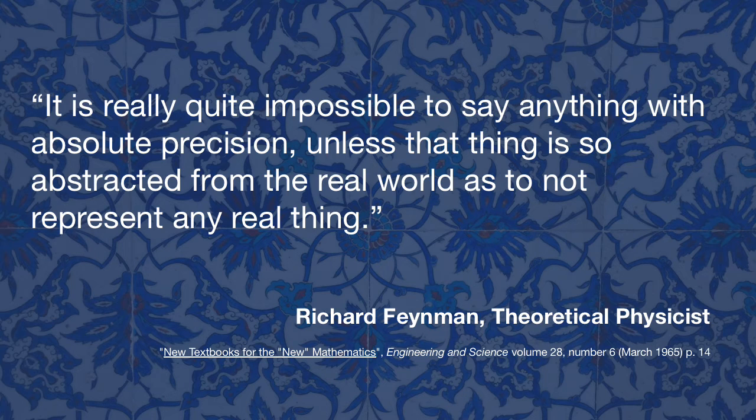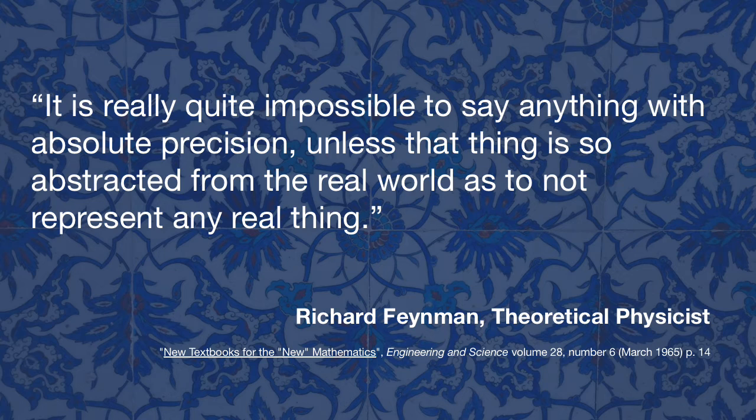The theoretical physicist Richard Feynman, for example, has this very powerful quote on this point. He says, "It's really quite impossible to say anything with absolute precision unless that thing is so abstracted from the real world as not to represent anything real."